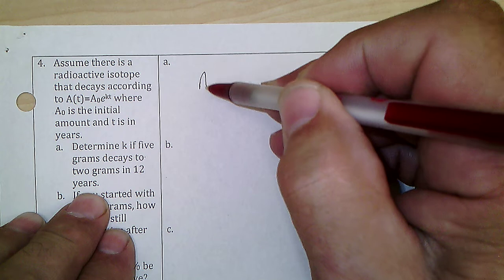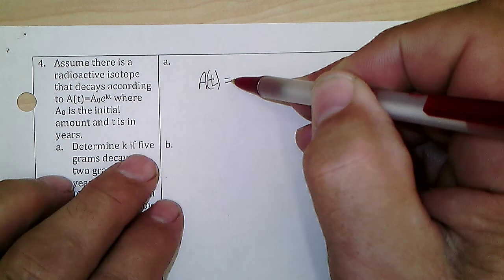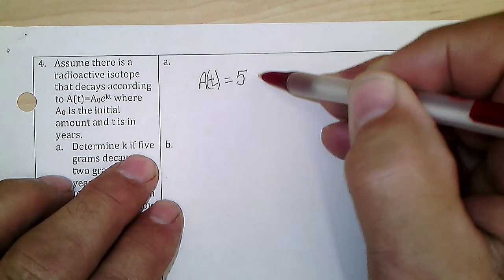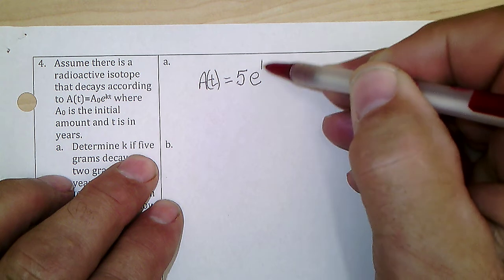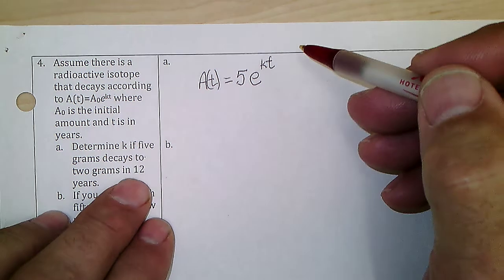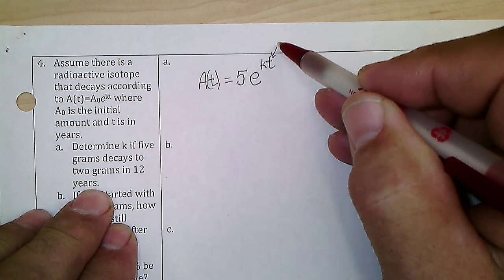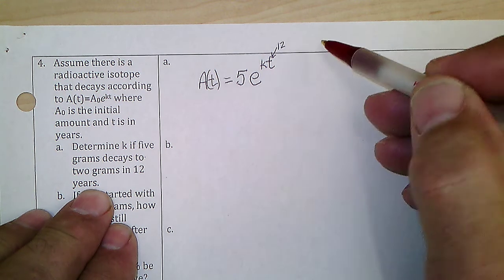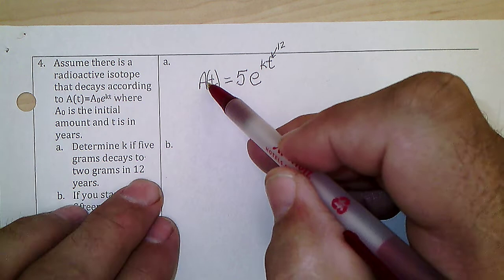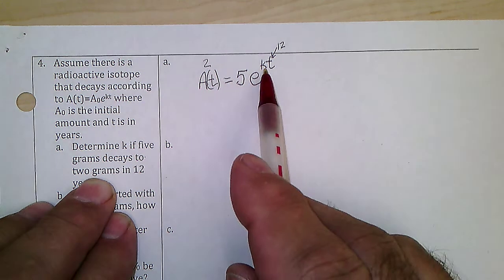So the amount after some time is equal to the initial amount, 5, e to the kt. And it said in 12 years, so we're going to put 12 in for the t, and the amount left is 2 grams, and so I have to solve for k.